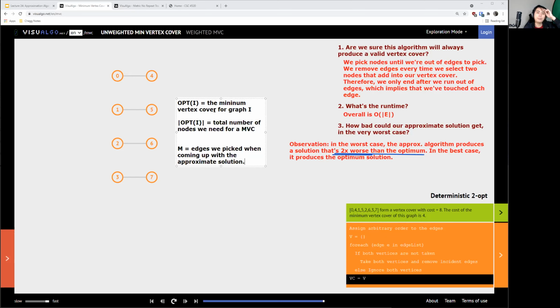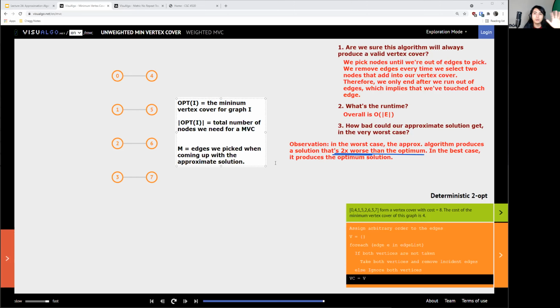All right. Type in M if you're with me so far. So we have this symbol here, which is the minimum vertex cover for some graph I. This is the total number of nodes we need for a minimum vertex cover, which is what we had before, just with 2 lines around it, because this is the set of nodes and this is the number of nodes in that set. Now, M is just going to be the edges we picked whenever we ran this algorithm.